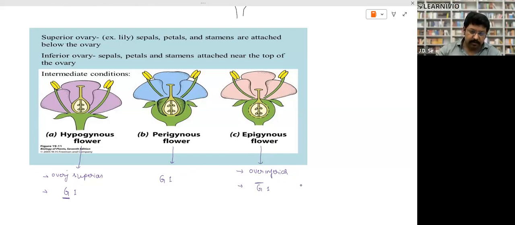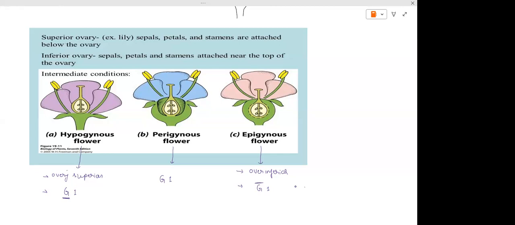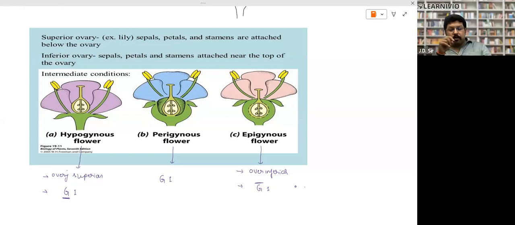Tell me. Guys, tell me. Helen, is it clear? Yes, sir, clear. So you have to remember ovary superior, ovary inferior, and the normal situation, that means the perigynous situation.